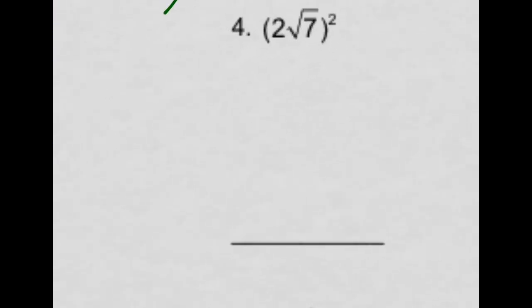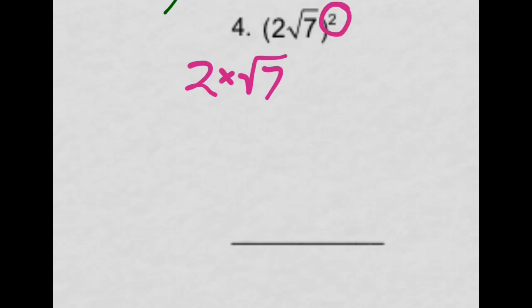Okay, you know how to do this one on the calculator, but make sure that you know how to write this out here. So we've got 2 times the square root of 7, and remember this is squared, right? Times 2 times the square root of 7.